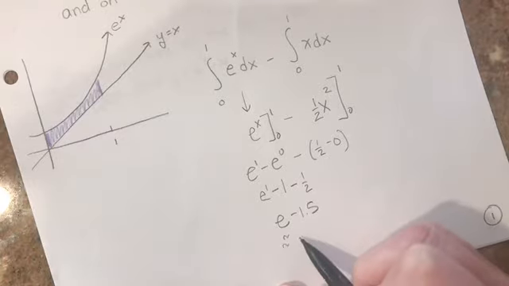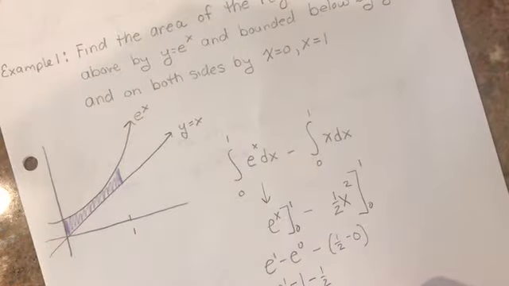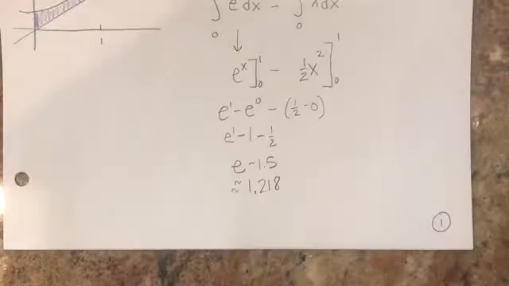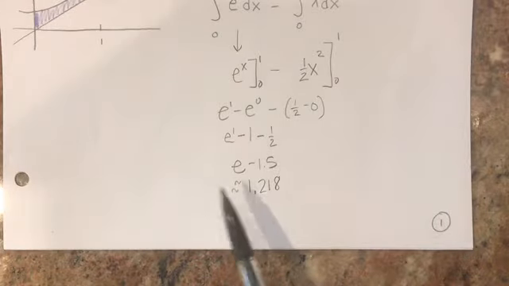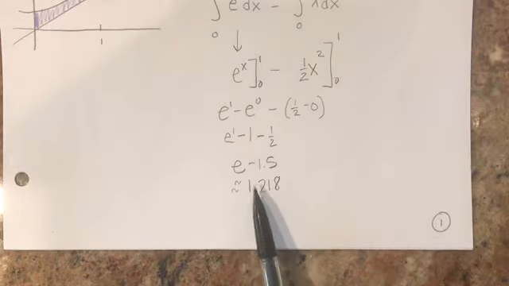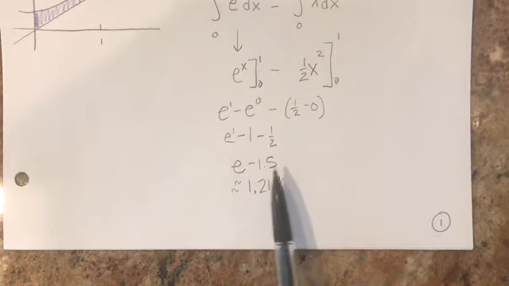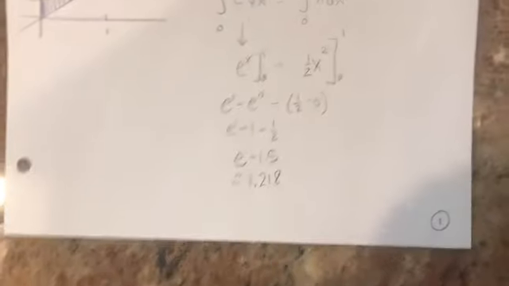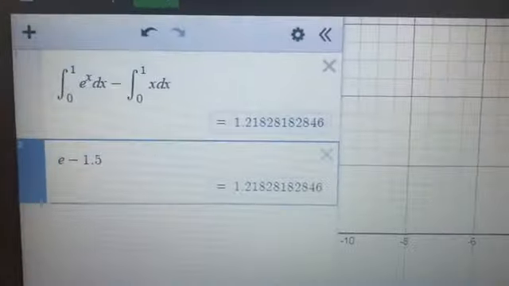And that's roughly equal to, I have it on Desmos, let me look. 1.218. I notice in the book a lot of times they give the exact answer, like e minus 1.5, where Desmos is going to give you this decimal answer. All you have to do to verify them is type in the integral.